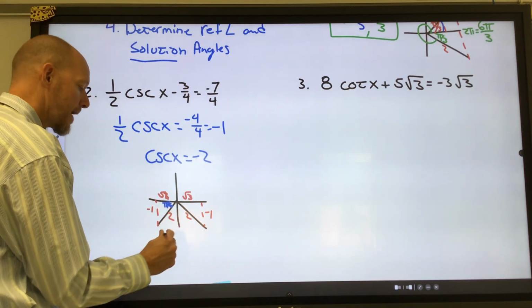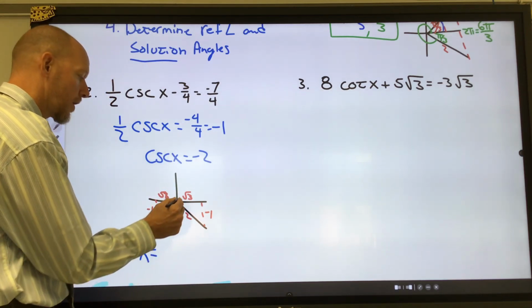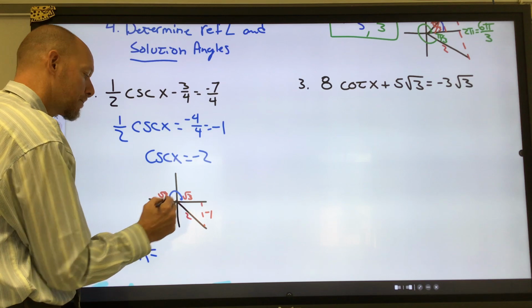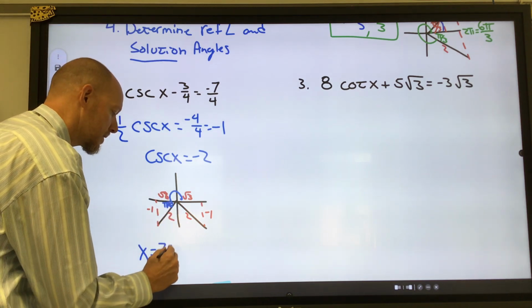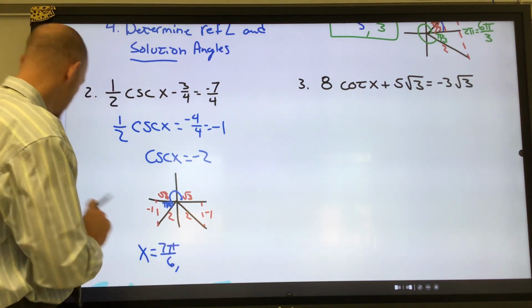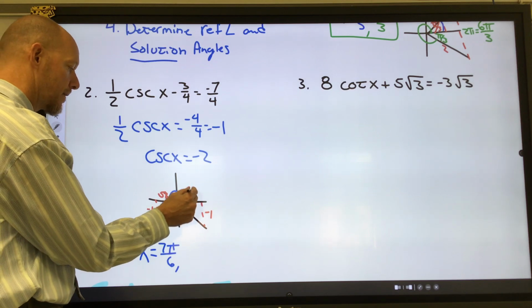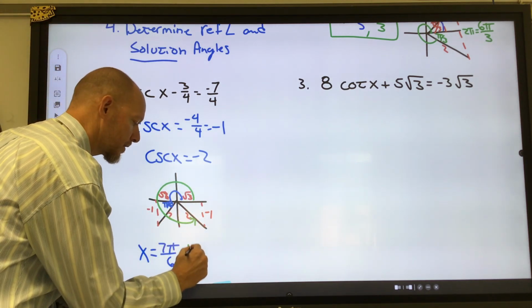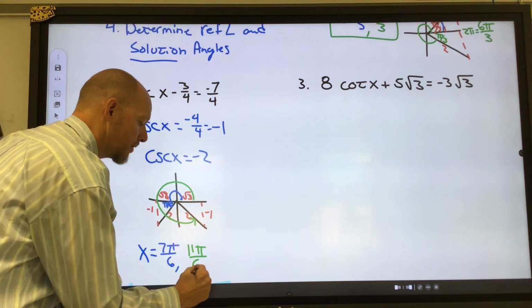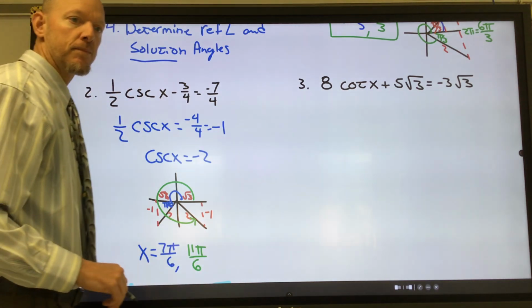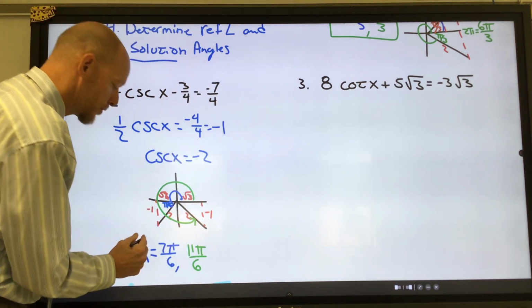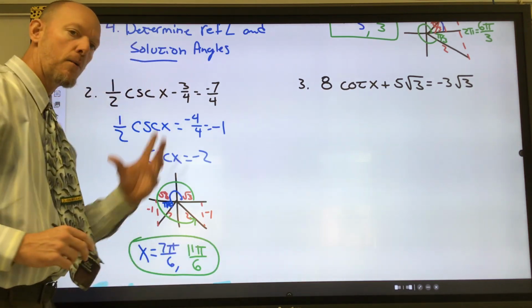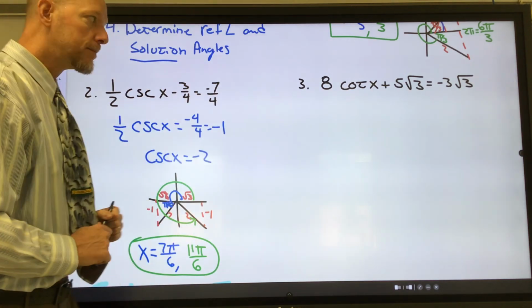So now my two angles in this case are going to be pi plus pi over 6, which is 7 pi over 6, and 2 pi minus pi over 6, which is 11 pi over 6. So you can see again, we get two solutions based off of how we evaluated them using the reference angle.